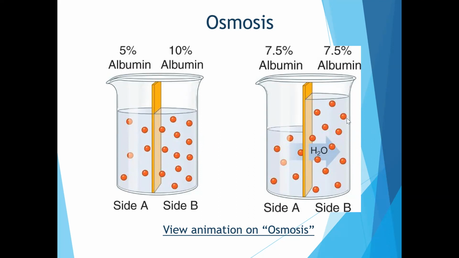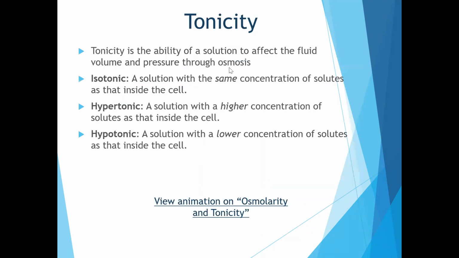So more water now creates osmotic pressure between the two sides. Again, there's an animation of this. I would definitely watch that. Osmosis is not always the most easy concept, but it's a very important process within the body.